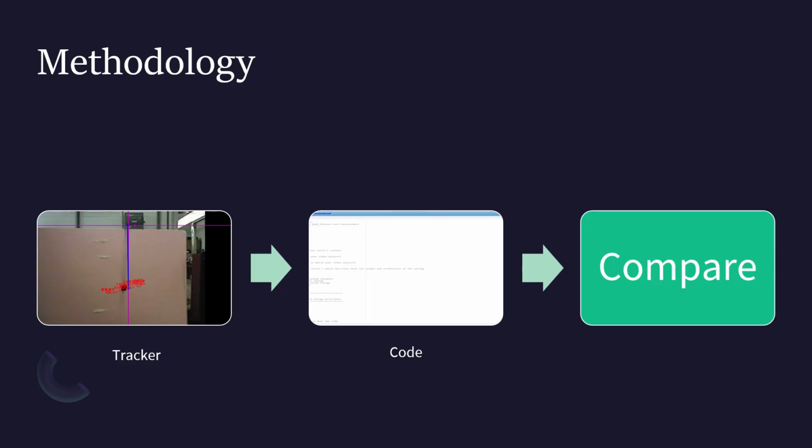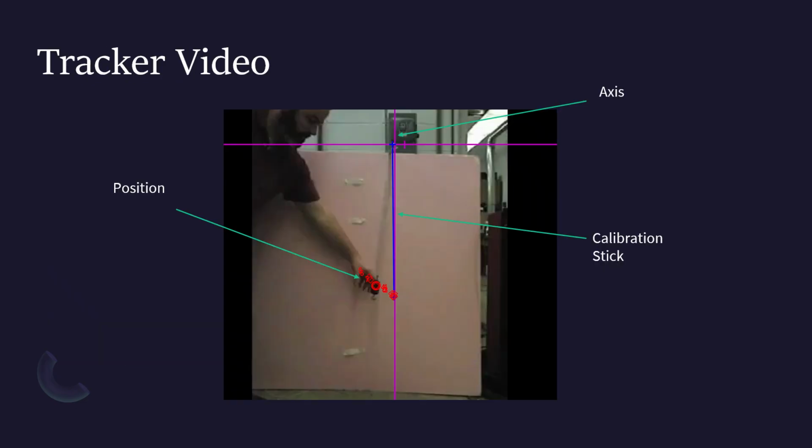For our methodology, first we're going to take a video and analyze it in Tracker, and using that data we'll generate code to make the computational model, and then we'll compare the two.